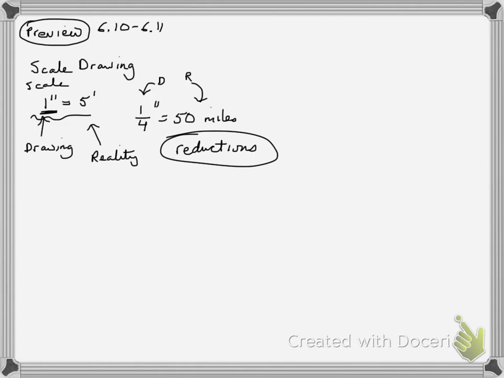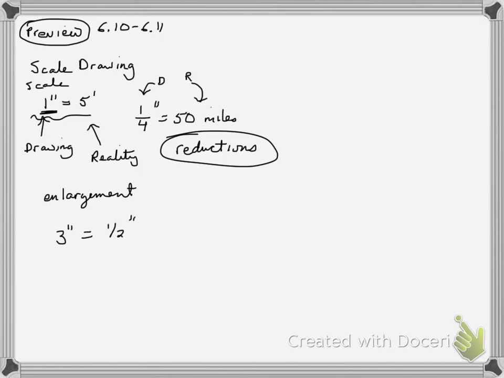So we've got a little bit of machinery here, and we might have to enlarge it so that I can see the pieces easily, when in reality they might be, maybe not microscopic, but I would want a hand magnifier to be able to see them clearly and to see their shapes. So maybe I would say that 3 inches equals 1/2 inch.